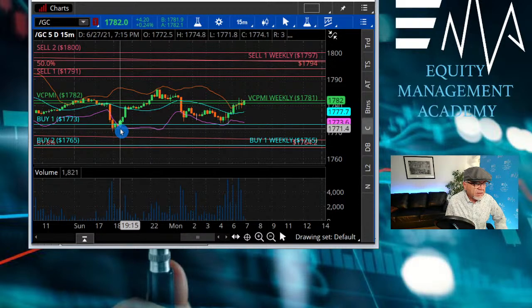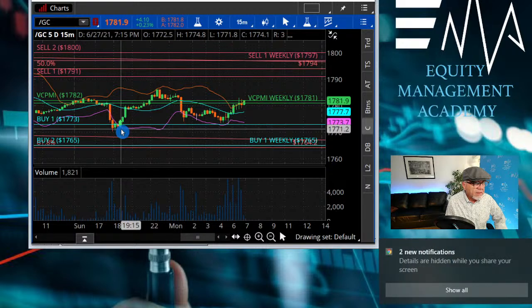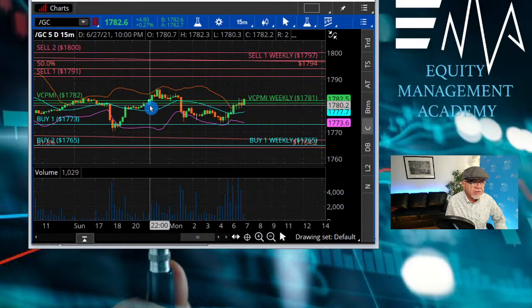And at about 7:15 p.m., it activated a buy trigger at 1774.10. And the target was basically, again, the average above. And that was completed by 10 p.m.